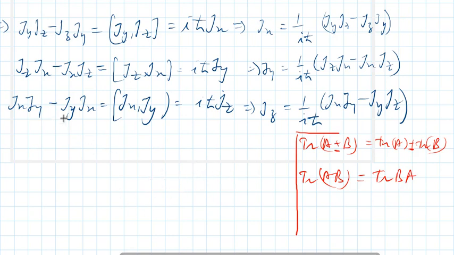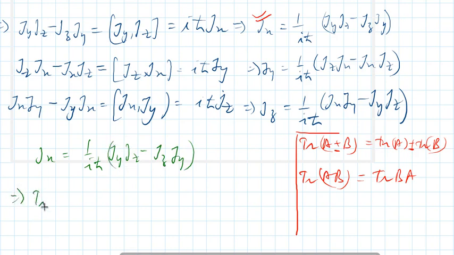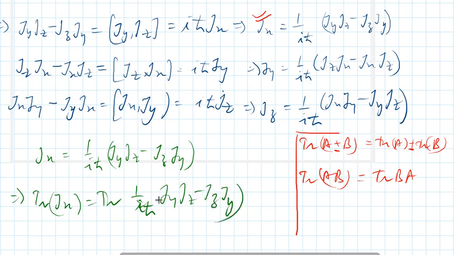Let us now consider this first part. As I know from here, Jx is equal to 1 over iota h cross times (Jy Jz minus Jz Jy). This implies that the trace of the left-hand side is equal to the trace of the right-hand side, because both are equal. So I can write it in this manner.